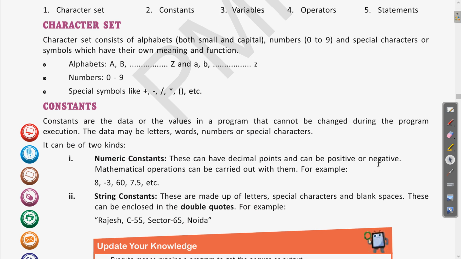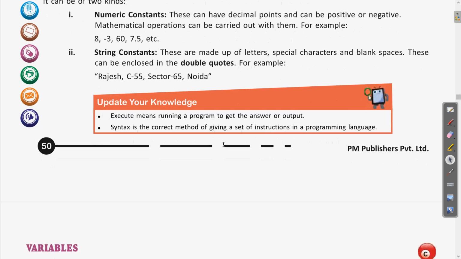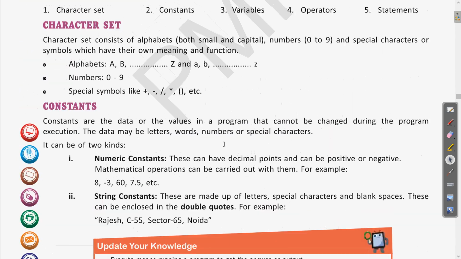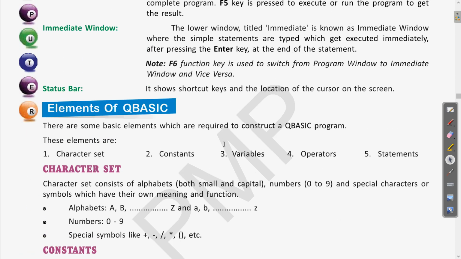We will see the different types of constants in the coming class, and I will show you other things and we will also write some programs. Till then, what we have covered in today's class: we have seen the elements of QBasic. Clear? Character set, constant, variable, operator and statement.